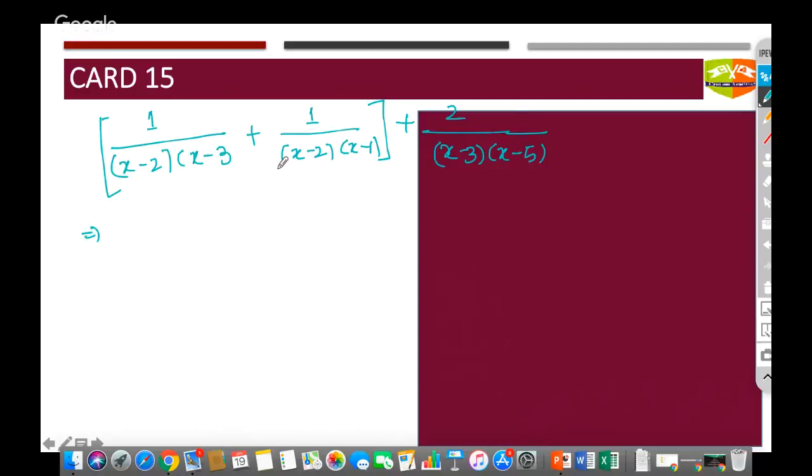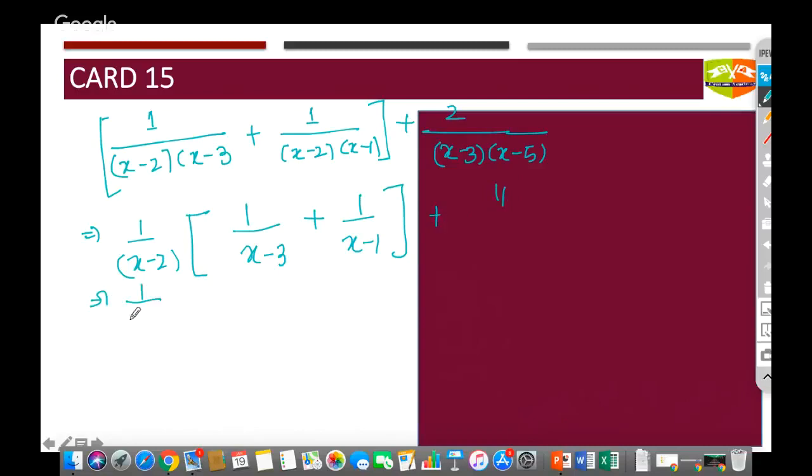Now what I do over here is I take 1 divided by x minus 2 common. What is left out with me is 1 divided by x minus 3 plus 1 divided by x minus 1, and I'll write it as it is over here.